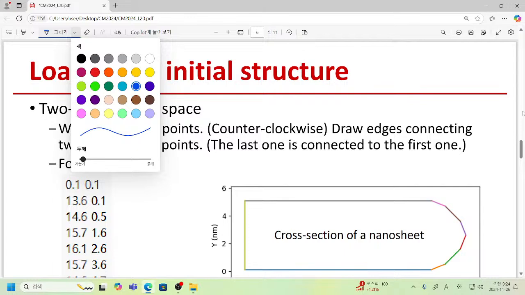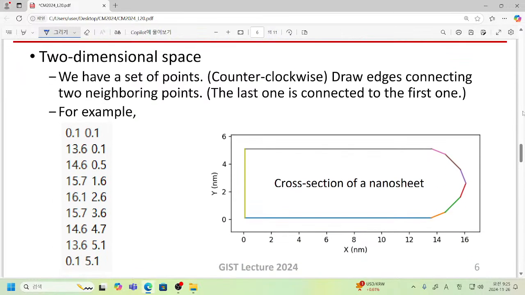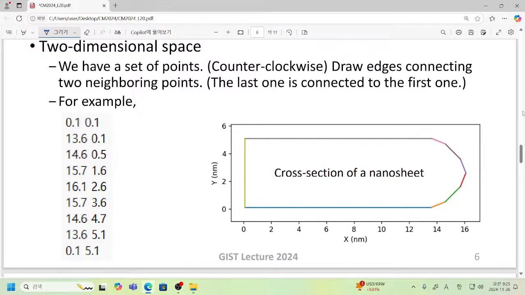So today let's make a real simple example. Since today is devoted to the first part of this level-set discussion, I wanted to start from the very beginning. In this slide, we are talking about how we can load an initial structure. For example, let's prepare a set of points.